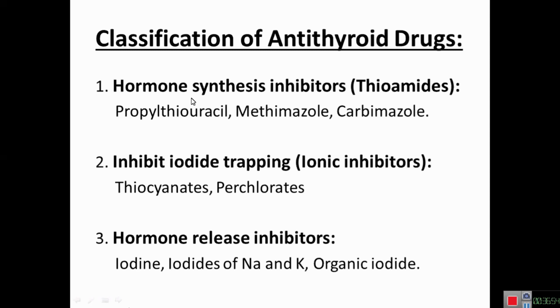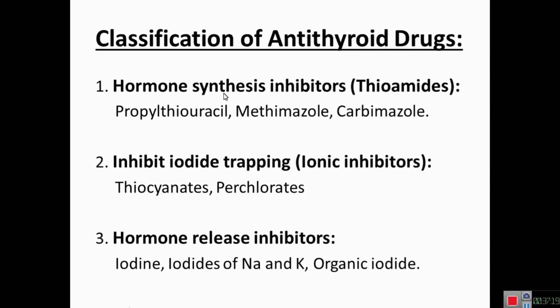You need to know a lot about propyl thiouracil, either propyl thiouracil or radioactive iodine. If you memorize these two drugs from these anti-thyroid drugs, then you can do all questions that are asked from the anti-thyroid drugs, okay? And go through the university questions as well, okay?